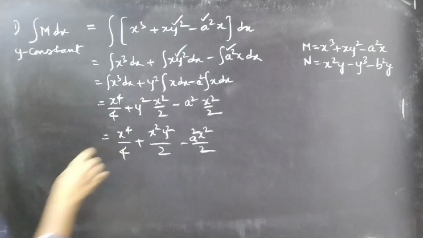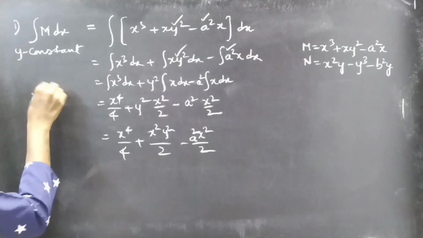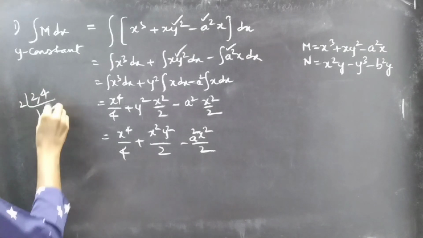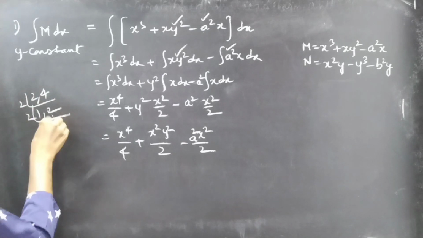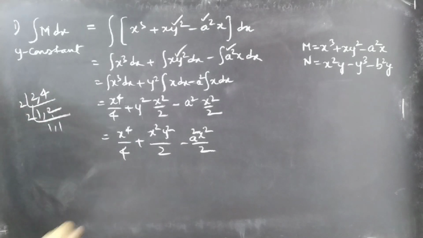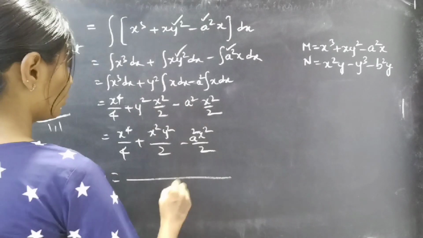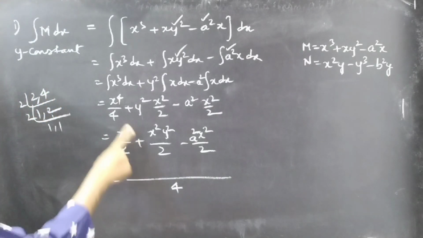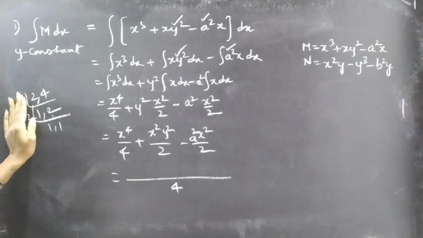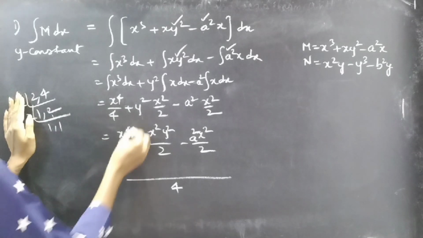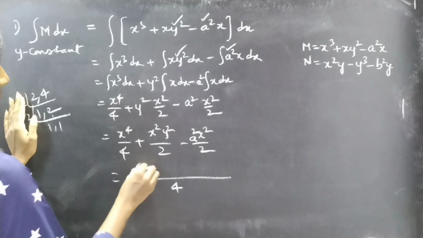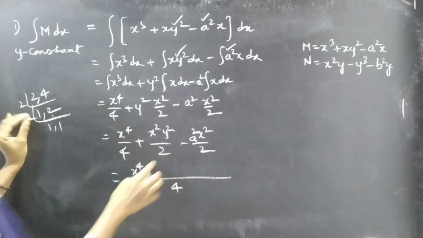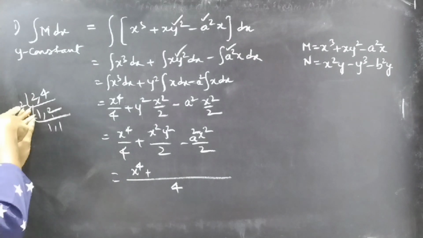Let's now find the LCM of 2 and 4. LCM of 2 and 4 is 4, right? In the denominator of the first term we have 4, so close 4; we have nothing to multiply to this numerator. So just write x power 4 plus, in the second term, the denominator is 2, so close 1, 2 and multiply this 2 to the numerator.